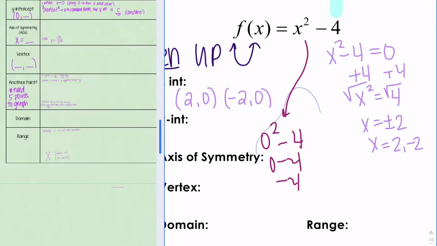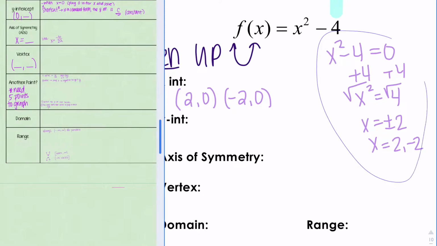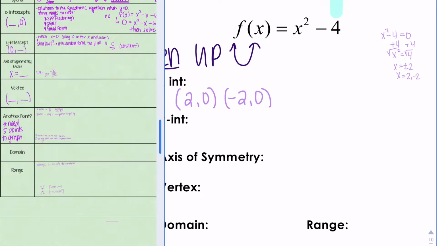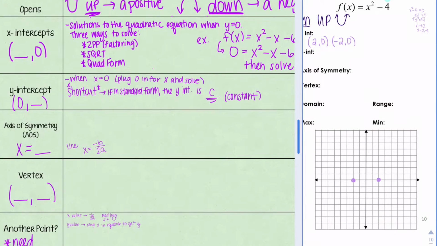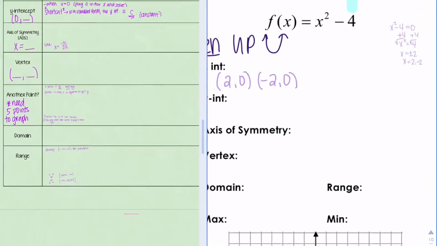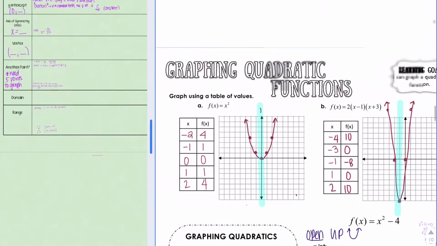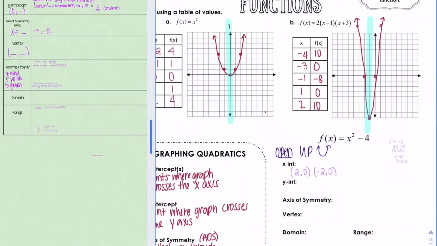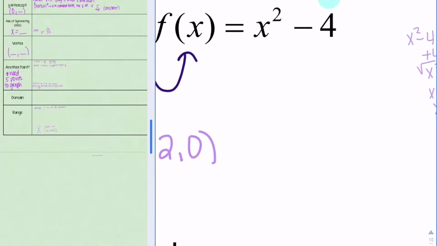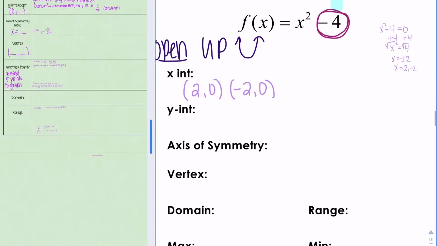There's a shortcut, though. The shortcut is, as long as this is in standard form, which I said it is, your y-intercept is always going to be c, or the constant. So if this is in standard form, aka not factored, your y-intercept is always going to be the constant, the number without any variables next to it.